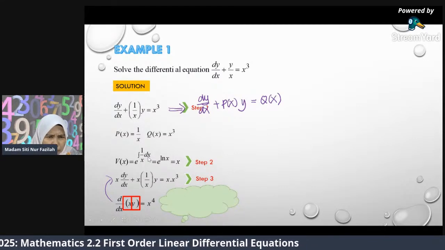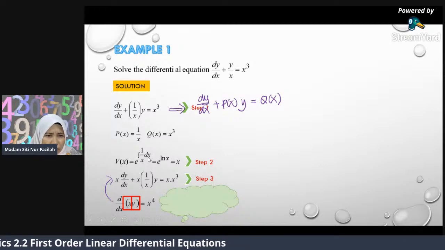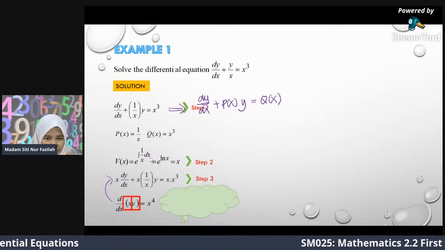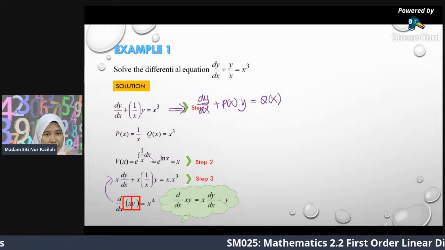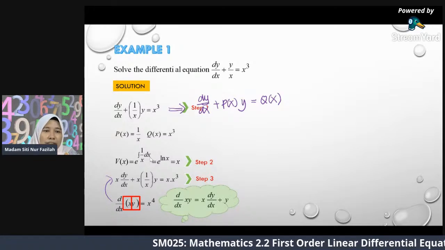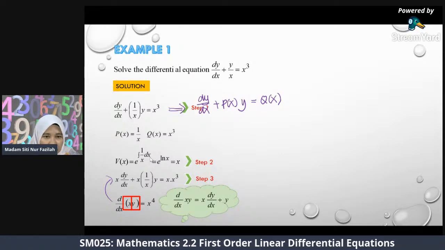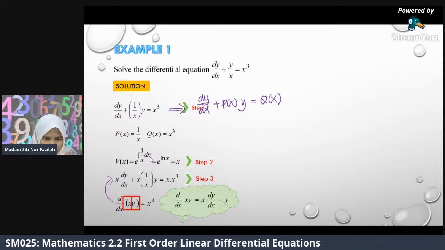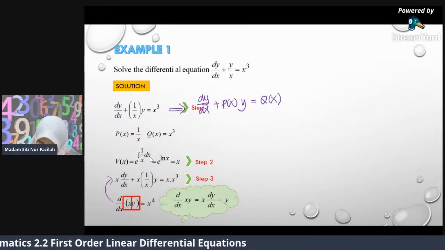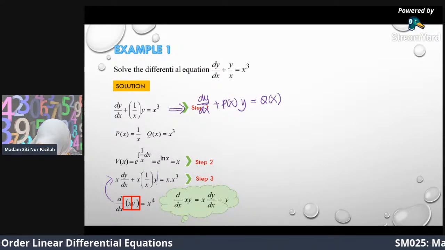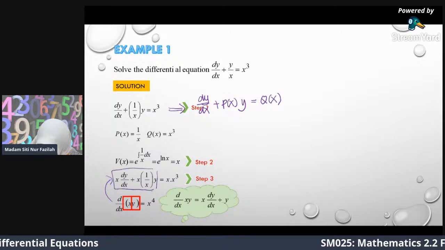Is this true? d over dx of xy gives the expression on the left hand side, equal to x dy over dx plus y.